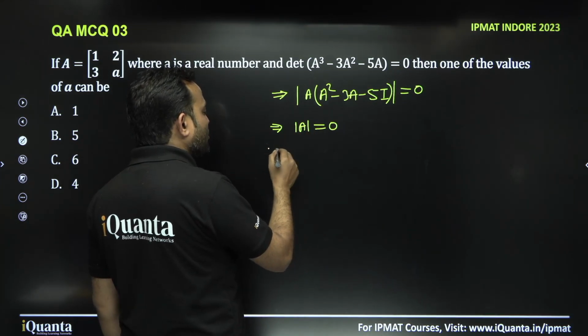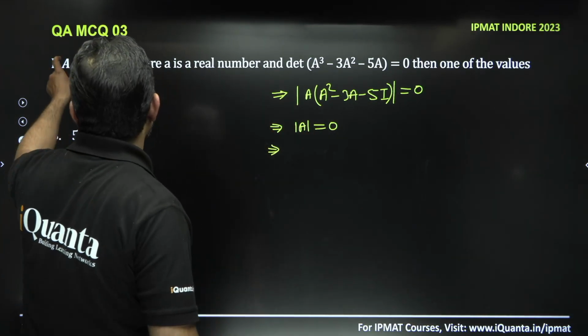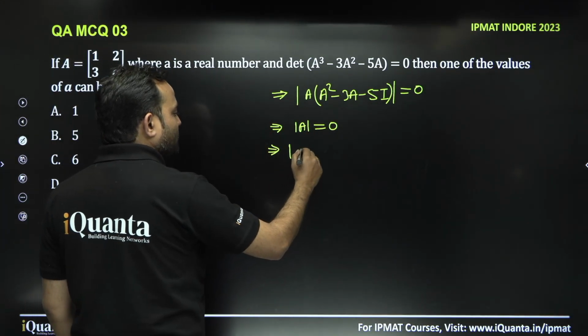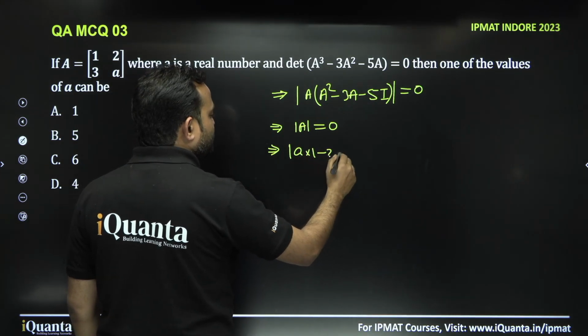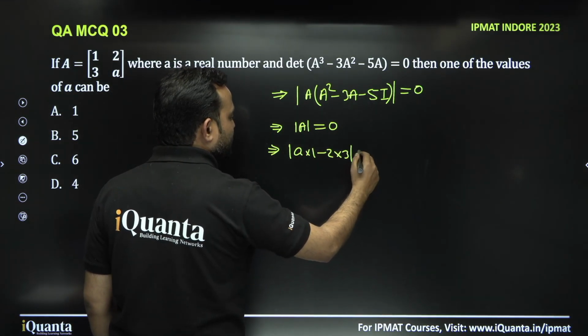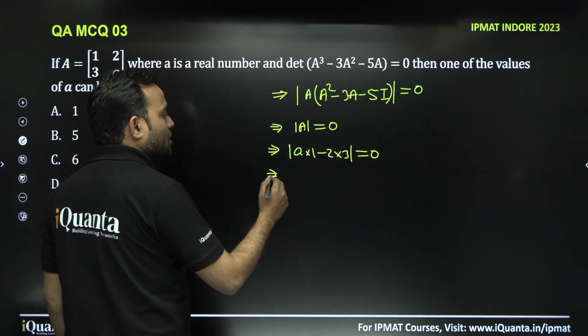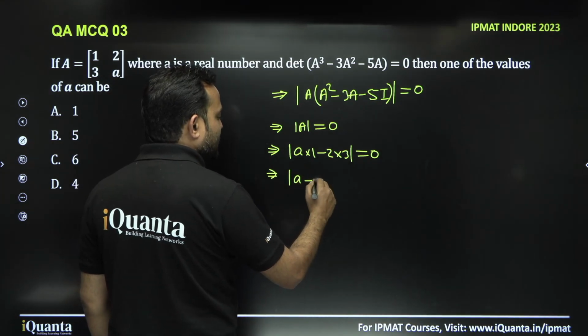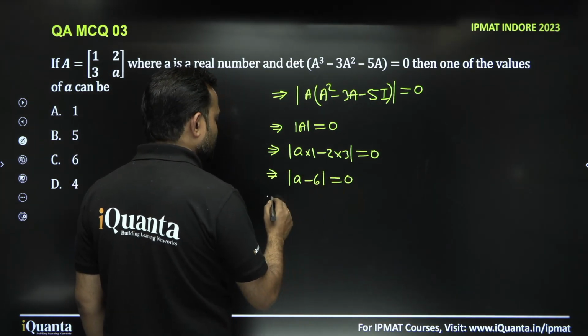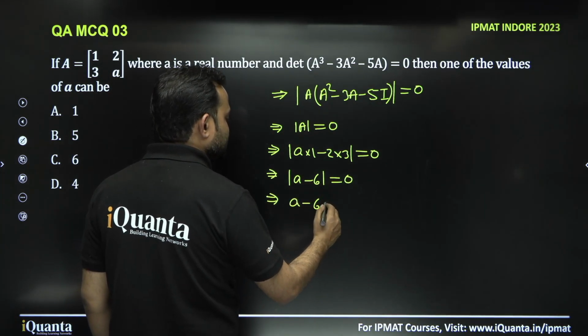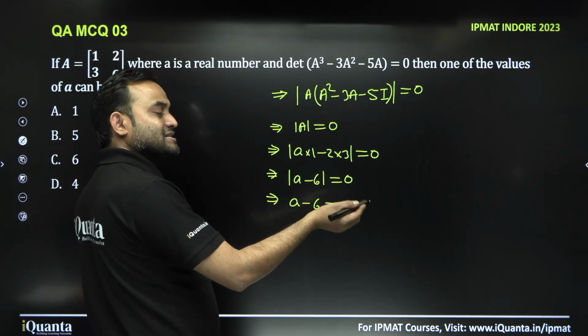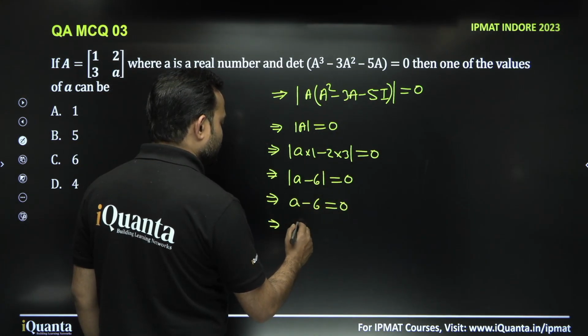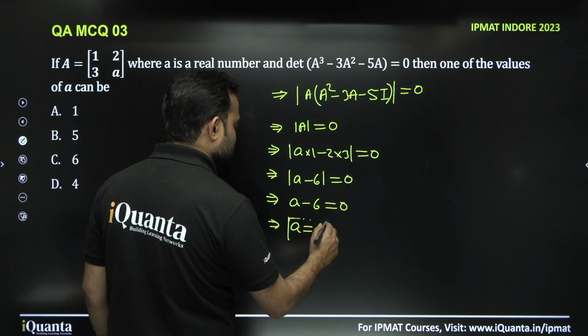Now the determinant of A will be equal to a into 1 minus 2 into 3 is equal to 0, or we can say that a minus 6 is equal to 0, or 6 minus a, both of them are the same thing. So from there we can say a is equal to 6.